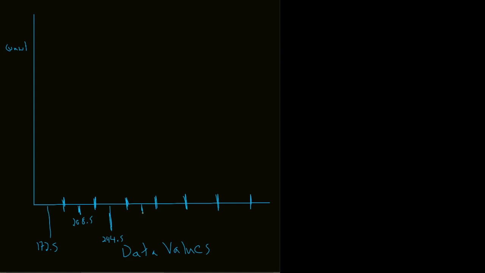And this midpoint was 280.5. This midpoint was 316.5. And this was 352.5. And the last midpoint was 388.5. Now again, this represents my lowest value, which was 155, and my upper class value here was 406.